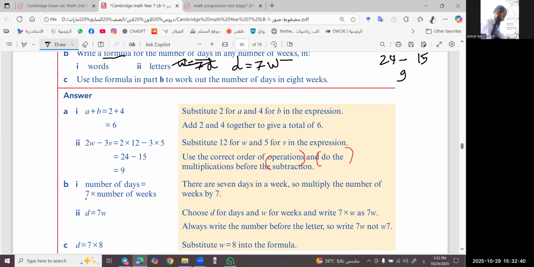Number of days equals 7 times the number of weeks. Number C, use the formula in part B to get the days in 8 weeks. So we cancel this W and multiply 7 by what? 7 times 8, which equals what? Equals 56.